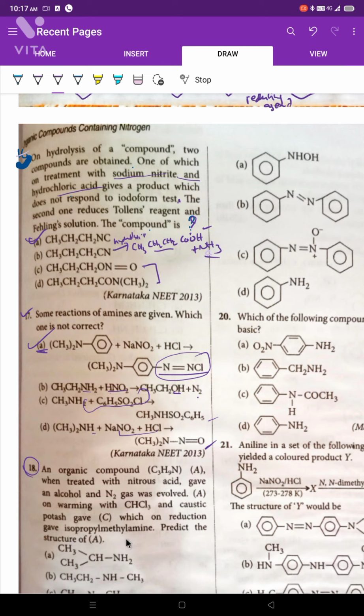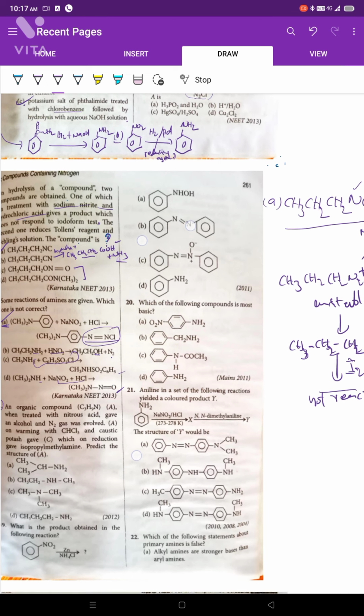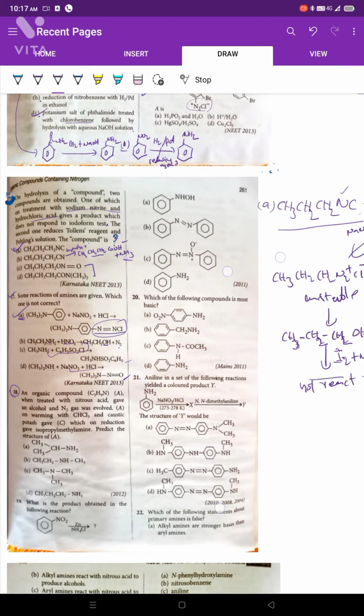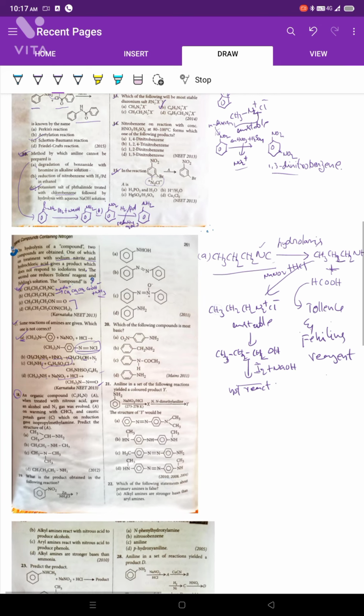Predict the structure of A. Let us see which one is the correct answer. Let us take the organic compound C3H9N and treat it as A.